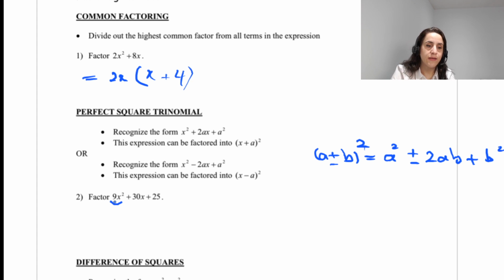Here I have 9x squared, which can be my a squared. 25 is b squared, and there is an add between them, then it is 2ab.